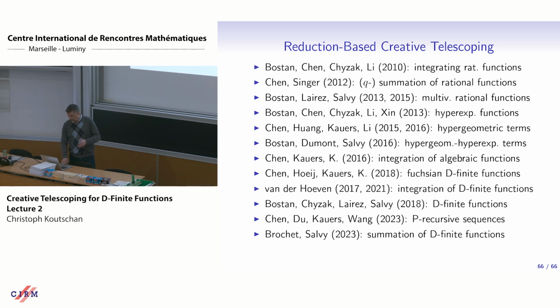Then the summation case, multivariate rational functions by Bostan, Lairez, Salvy. Then the next step was to extend these to hyperexponential and hypergeometric functions. And then there's a paper by Bostan, Dumont, Salvy about the mixed case. And then people went on to higher things like algebraic functions, Fuchsian D-finite functions, whatever this is.